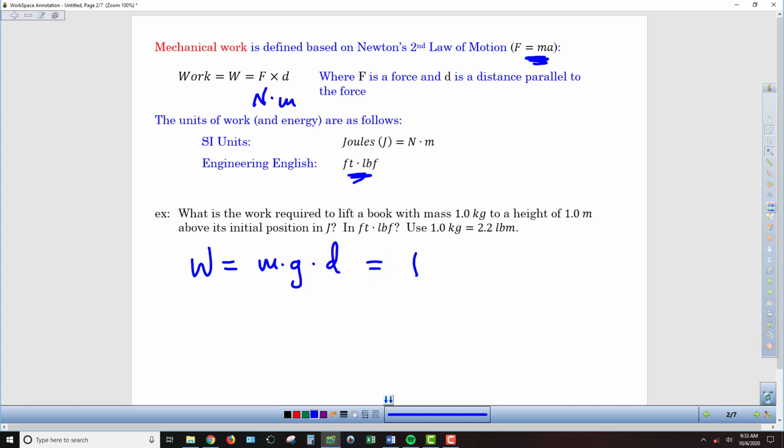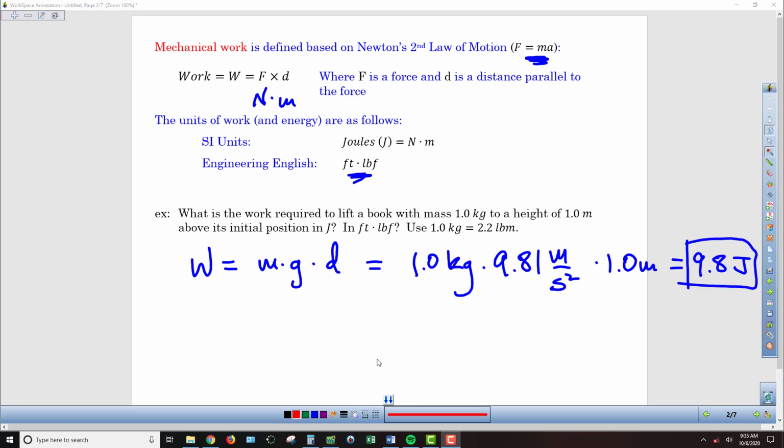My mass for the book is 1.0 kilograms. My acceleration is the acceleration due to gravity, 9.81 meters per second squared. And then we're just raising it by 1 meter. So we can see our units are going to work out to Newton meters or joules. I've got two significant figures, so I'm just going to end up with 9.8 joules as my answer.